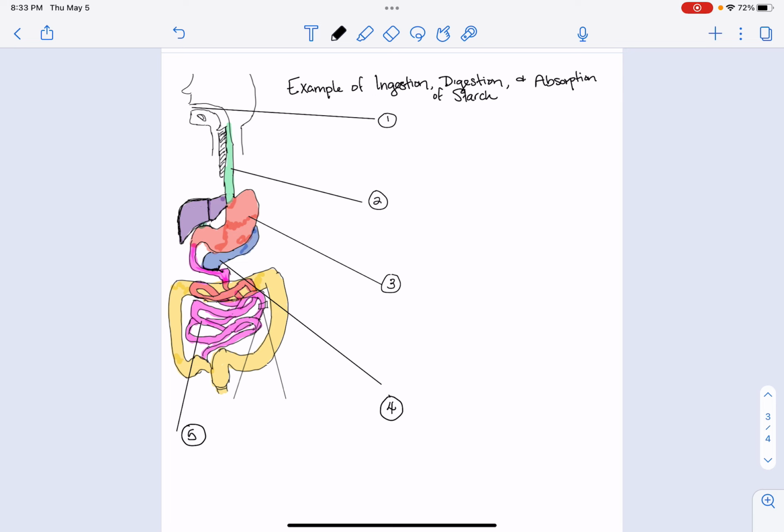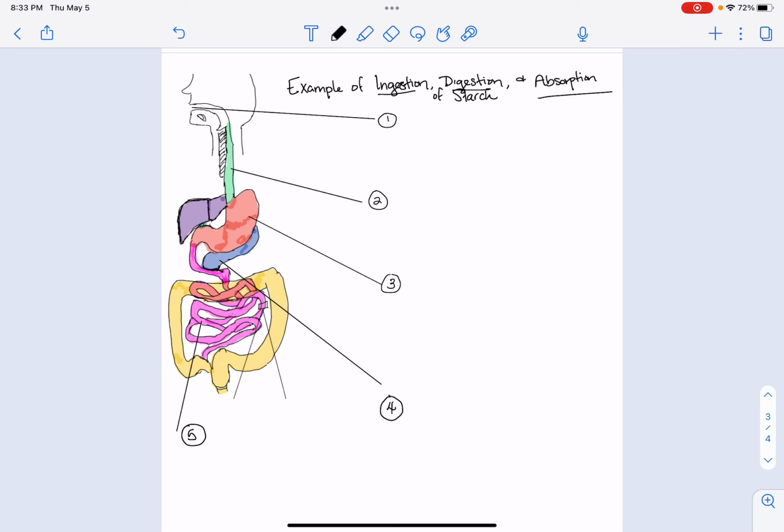So make sure if they ask about all 3 of these things, go in order, okay? Ingestion is like going into the mouth. How do we ingest it? So we put it in our mouth, right?